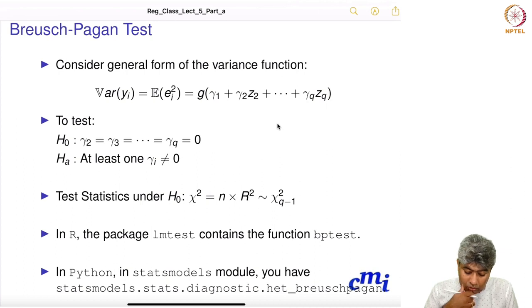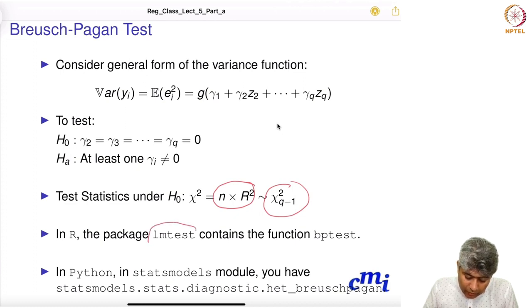It turns out that there is a chi-square statistic: n times R square follows a chi-square distribution with q minus 1 degrees of freedom. The lmtest package in R contains a function called bptest, which stands for Breusch-Pagan test.